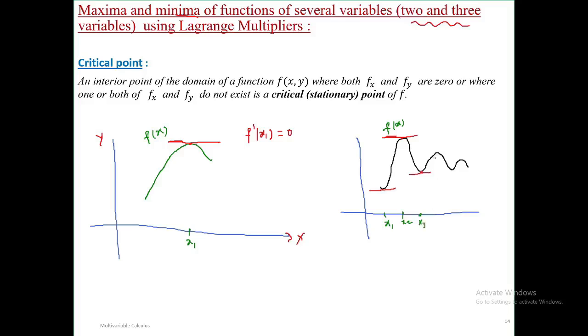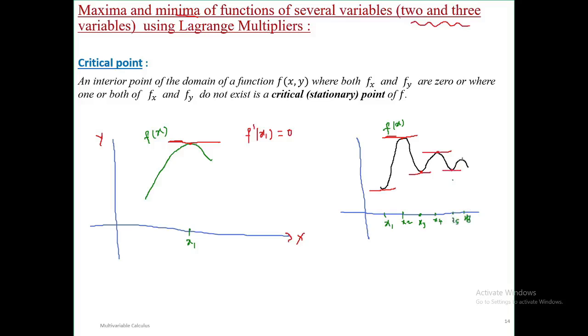And at this, again this is a tangent and it is parallel to the x-axis, so let's say this is x4, and at this again it is parallel, so at this point the tangent is parallel to the x-axis. Let's say this point is some x5, and the last point is x6.